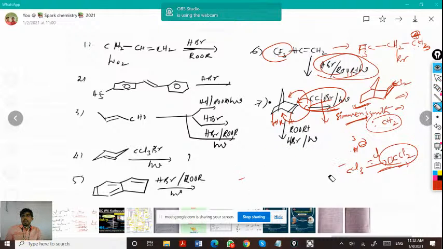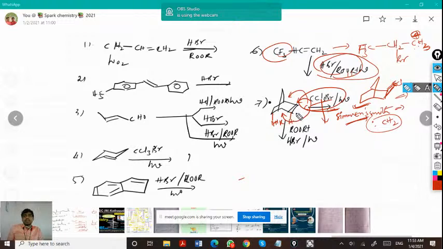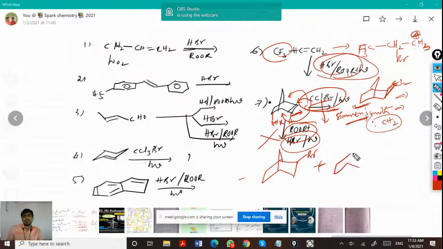If an anti-Markovnikov product needs to be written, what do we have to do? This is a symmetrical olefin, so Markovnikov and anti-Markovnikov rules will not be applicable. You can write the product in any form, and both will give one and the same product.